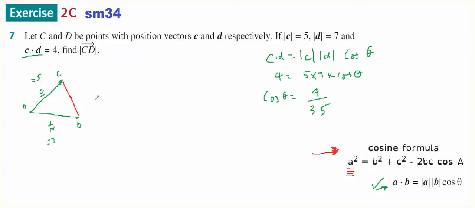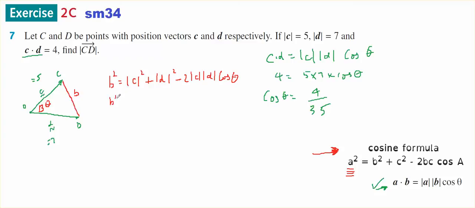So in this particular case, if that's C and that's D, I call that B, and this is angle B, then B squared will equal the magnitude of C squared plus the magnitude of D squared minus 2 times the magnitude of C times the magnitude of D cos of the angle theta, which is this angle here.